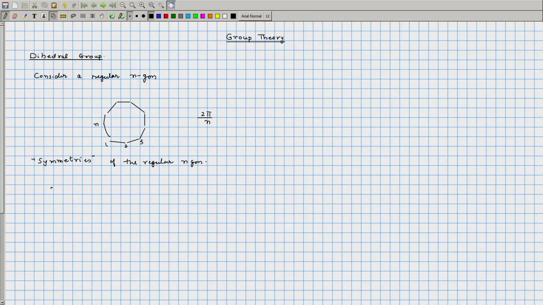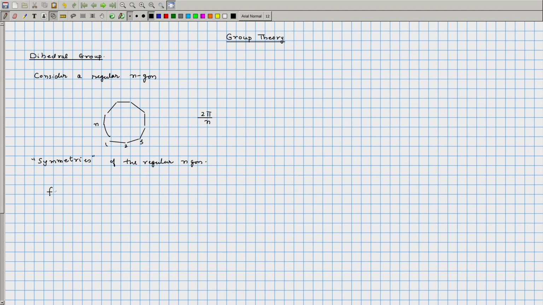So, suppose f is a rigid motion, it means it is taking the polygon and moving it around in the 3D space, R3, and finally placing it in some particular way on the plane, and the diagram looks exactly the same. That is what we mean by a symmetry.